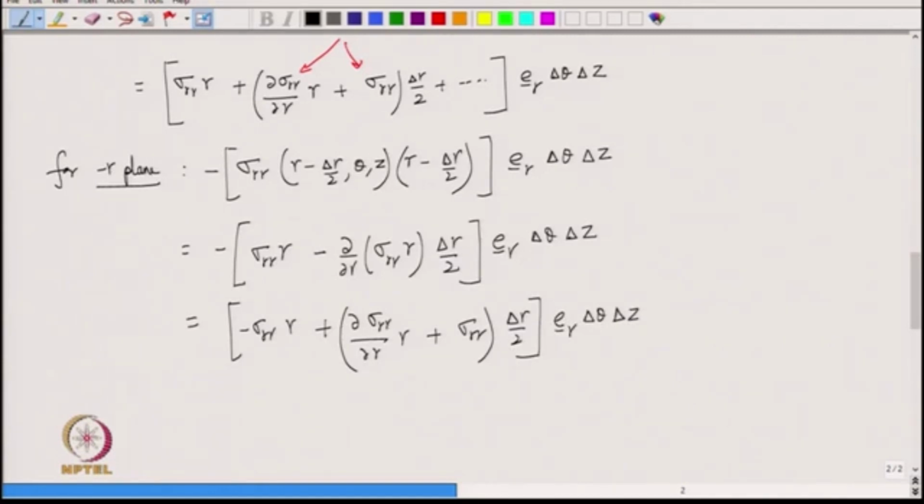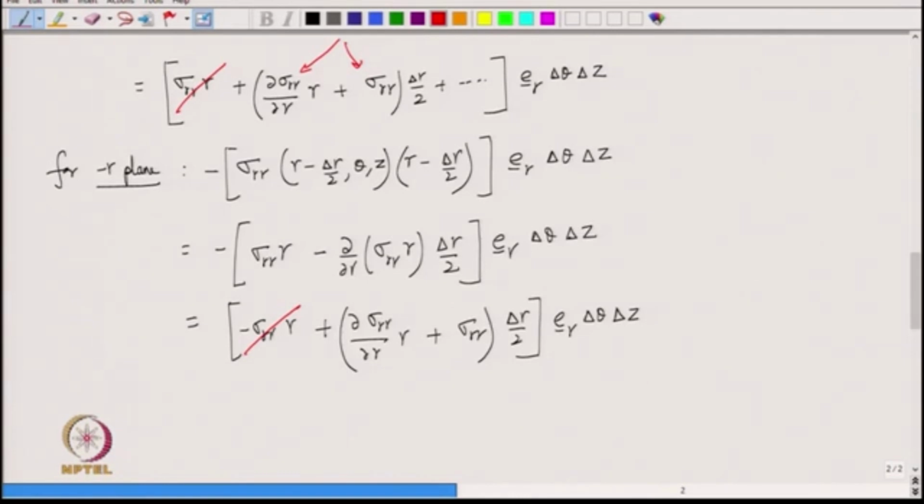Okay. And you see we now have to add the contribution on plus r and minus r, right. So, when you add, you see the sigma r r of r and minus sigma r r of r cancel each other, but the remaining terms remain.